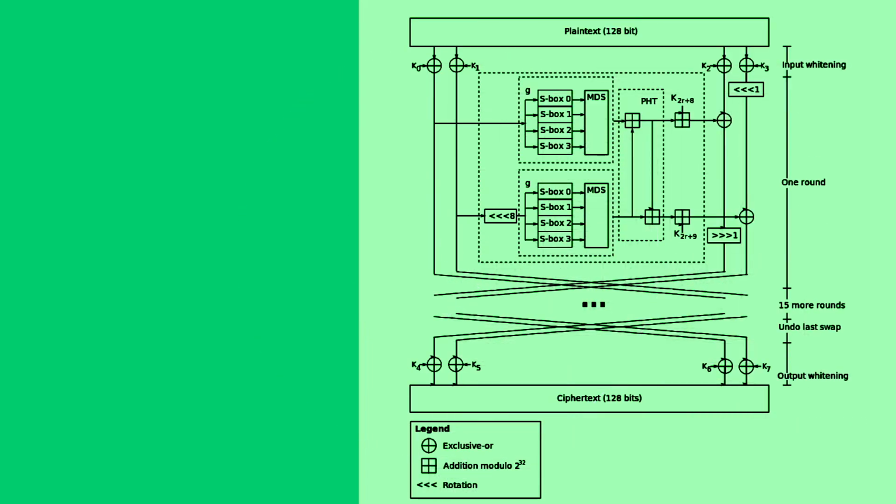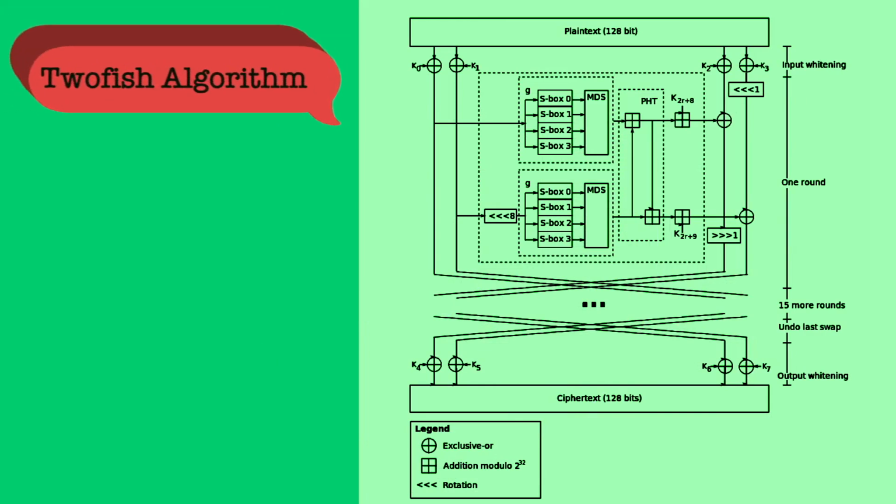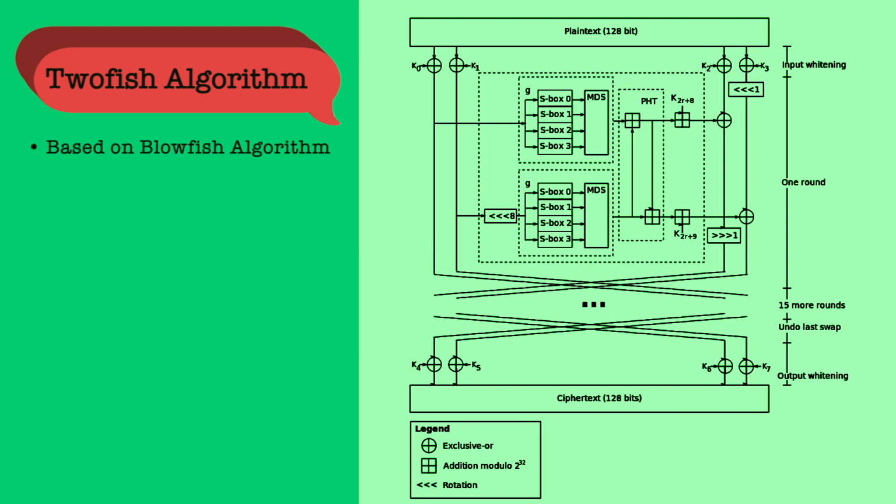Let us see an algorithm which is used by most password managers to store your password in an encrypted form. The algorithm's name is the Twofish algorithm, TWOFISH. It is actually based on the Blowfish algorithm.